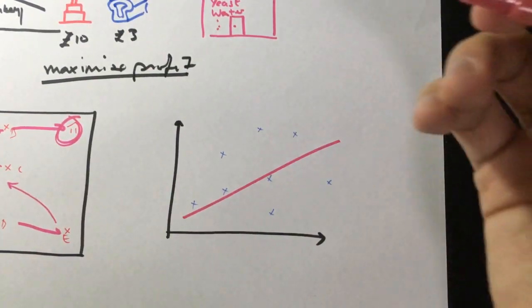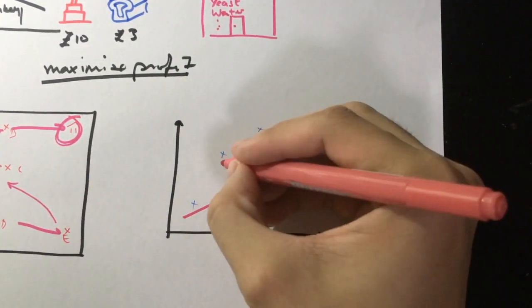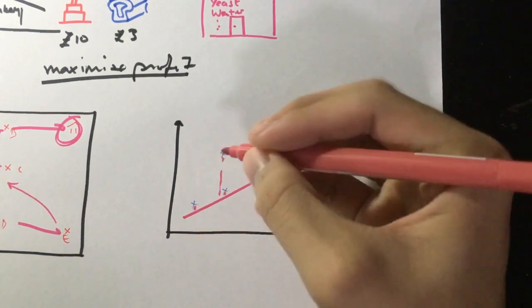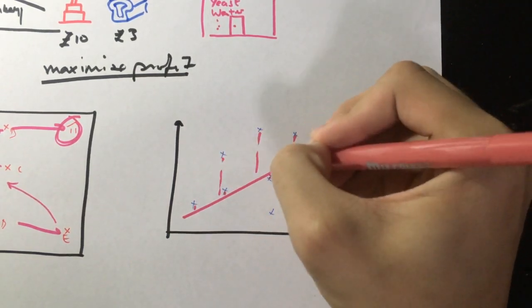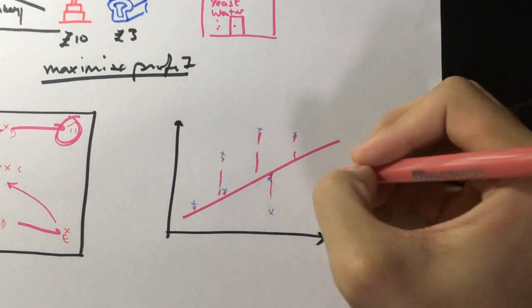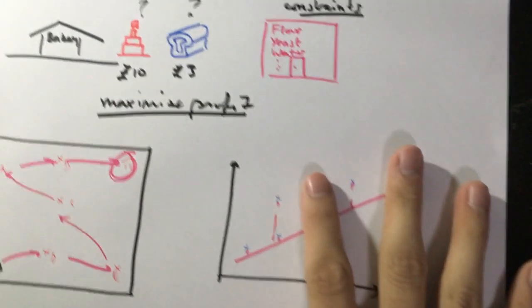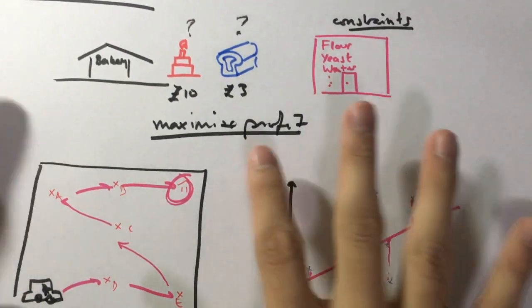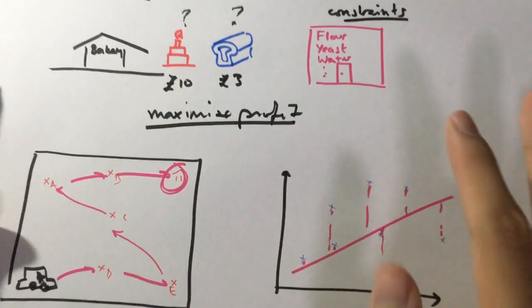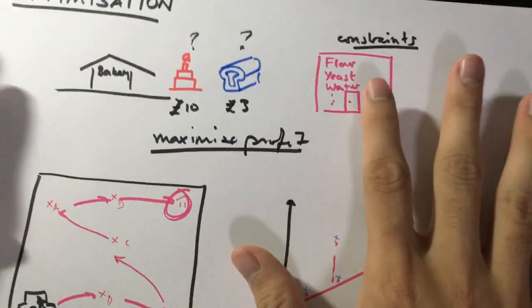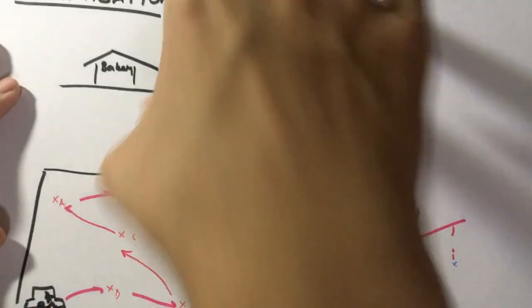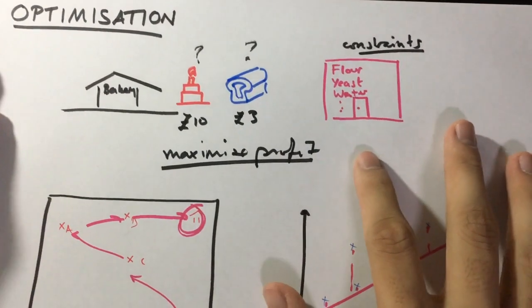This is an optimization problem as well, because what you're trying to minimize is the distance between each of the points and the line. So you can see that optimization problems come in many different forms, shapes and sizes. And it's really useful in daily life because there are loads of optimization problems out there, right?